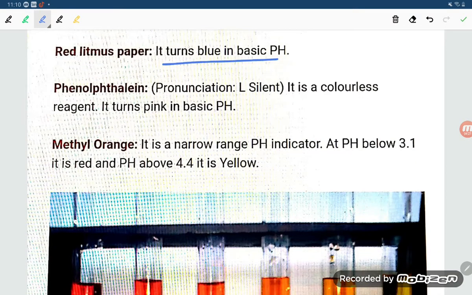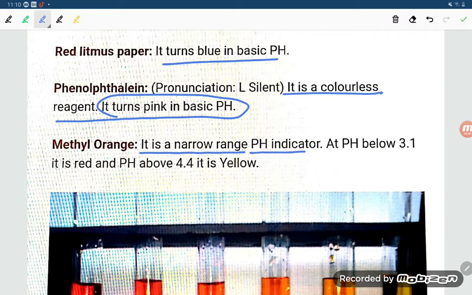Phenolphthalein is a colorless reagent. It turns pink in basic medium. Methyl orange is an orange pH indicator. At pH below 3.1 it is red, and at pH above 4.4 it is yellow.